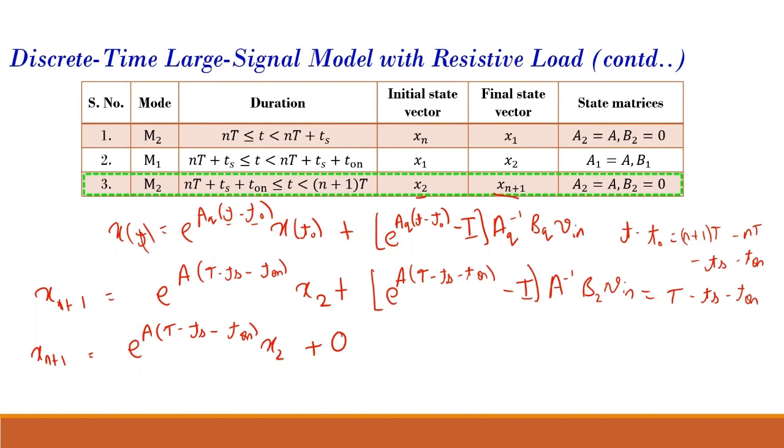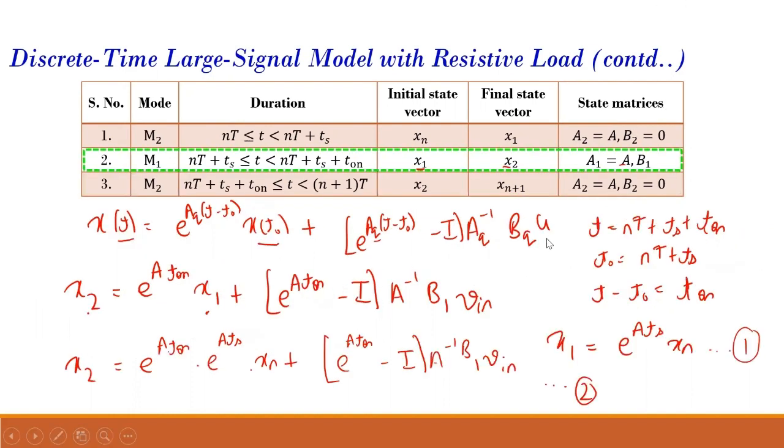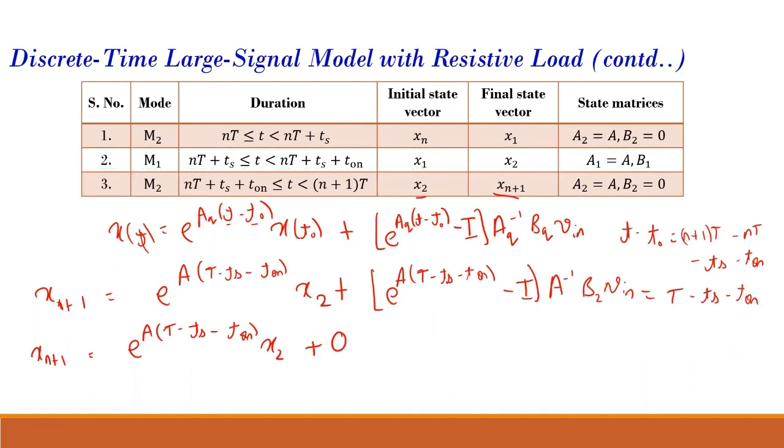Any confusion in this? So now what I will do is, I got x2 over here in terms of xn. I will substitute that value over here.